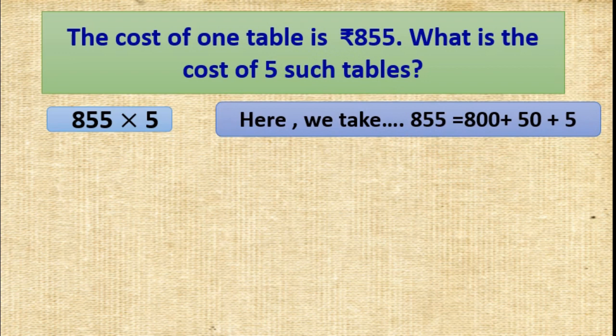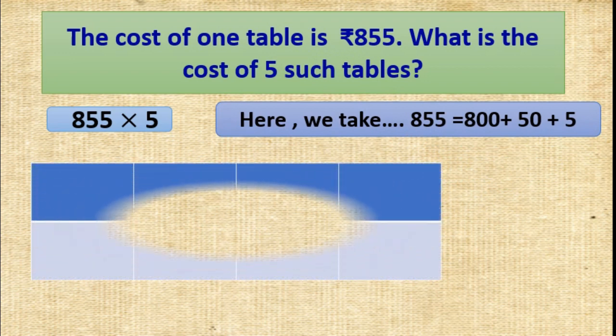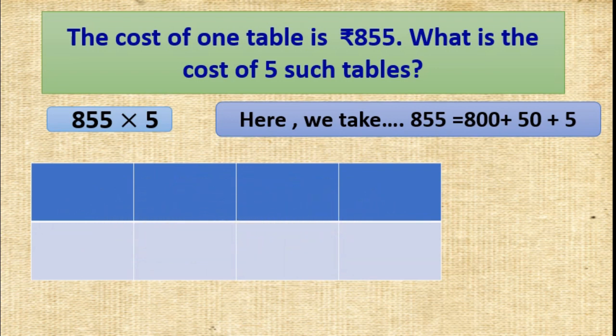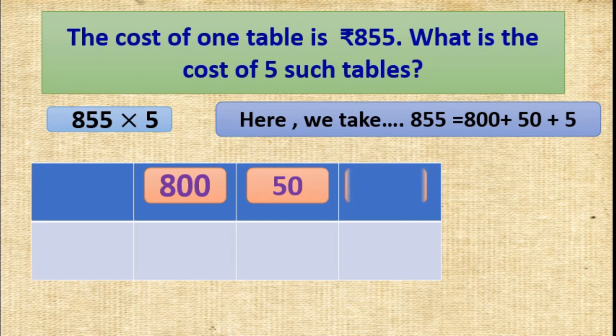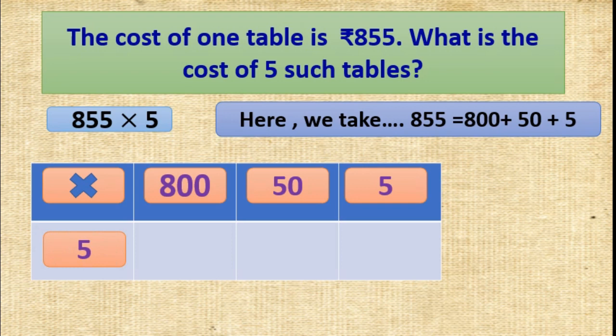Right? Now we will make a table. We will write 800, 50 and 5 multiplied by 5. Isn't it? Now we will multiply these numbers by 5. So your 5 5s are 25.